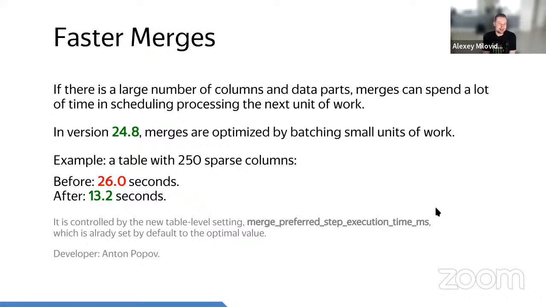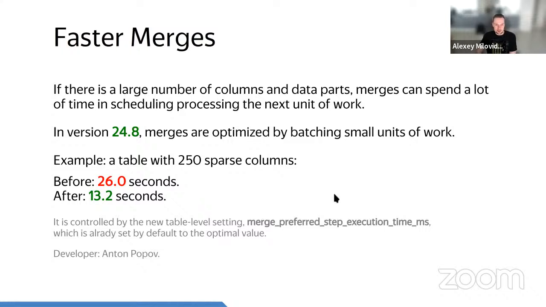Another optimization, an optimization for merges. In the previous version, if you have a wide table with hundreds of columns, if not thousands, a merge can take a long time just because it has to schedule processing of every unit of work, every chunk of data, like 1,000 or 8,000 records, and this scheduling takes some time.